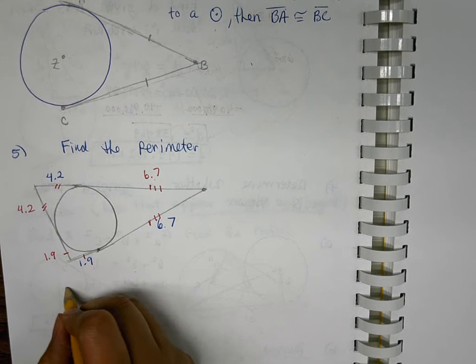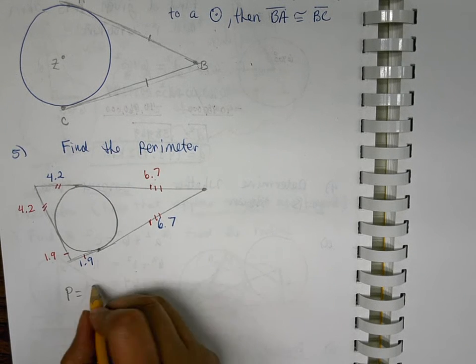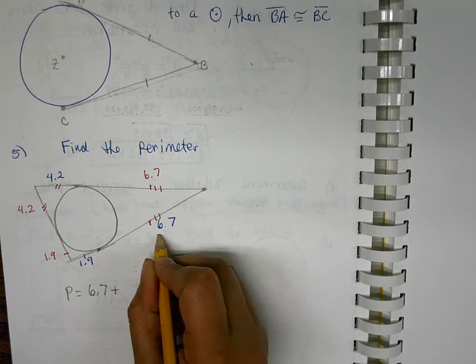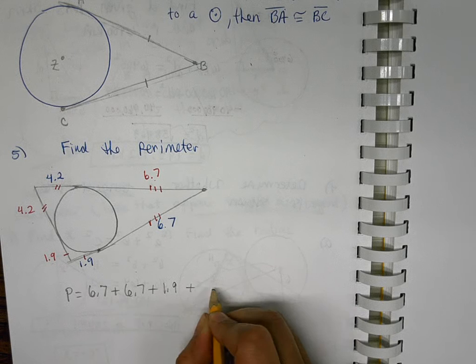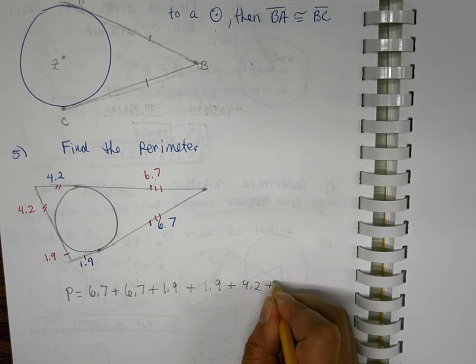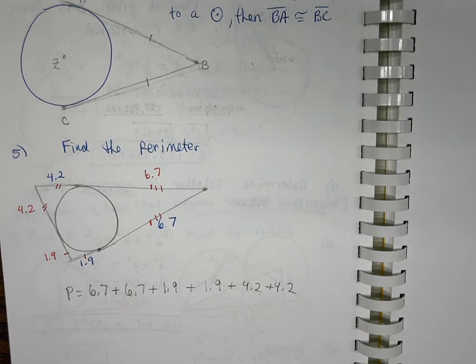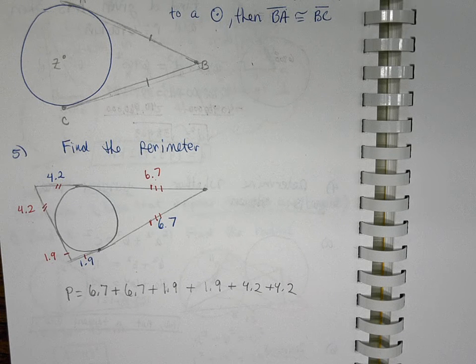So when you're looking for your perimeter, you're going to be adding up all the sides. I'm going to start here and go around. 6.7 plus 6.7 plus 1.9 plus 1.9 plus 4.2 plus 4.2. Again, kids will complain, but all you're having to do is write the numbers down and then plug them in your calculator. So go ahead and plug them in now.